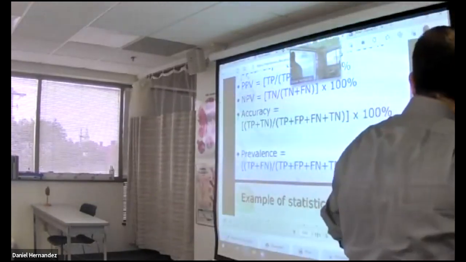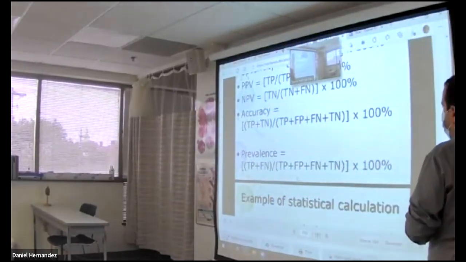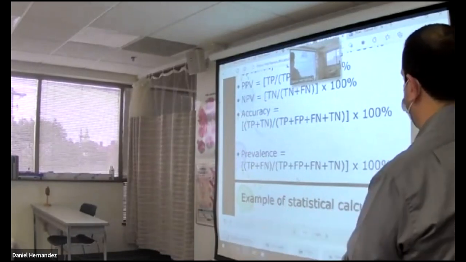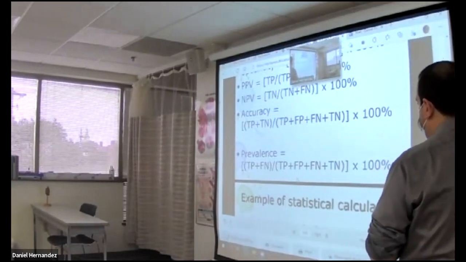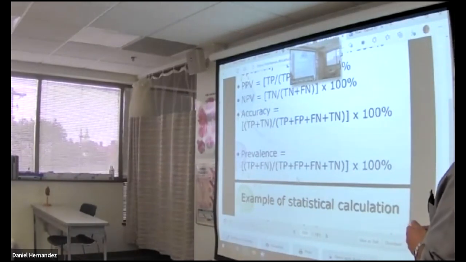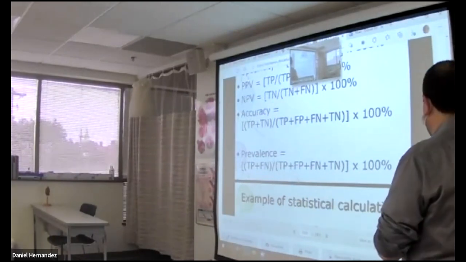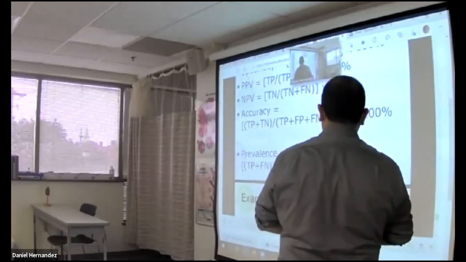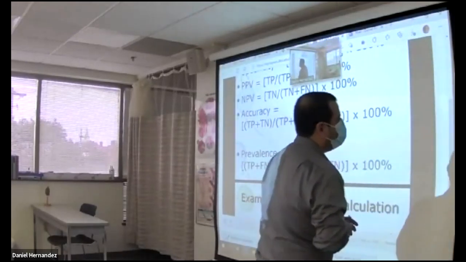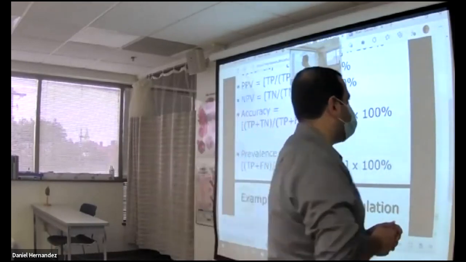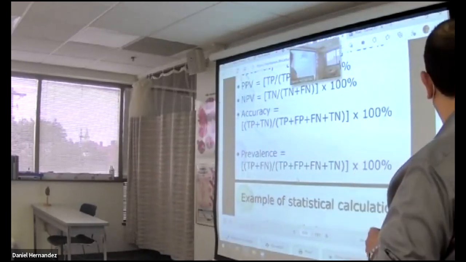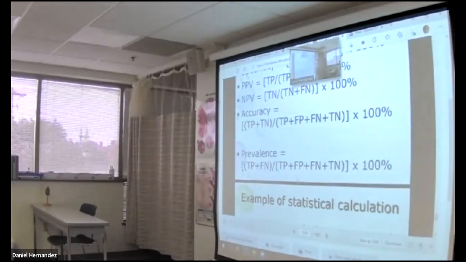And then prevalence. So prevalence is a detection of how much disease there actually is, or how prevalent this disease actually is. And that is adding the true positives plus the false negatives and dividing by everything. Prevalence is just going to be this first column, adding the true positives and false negatives. So it's basically how many people actually have the disease.